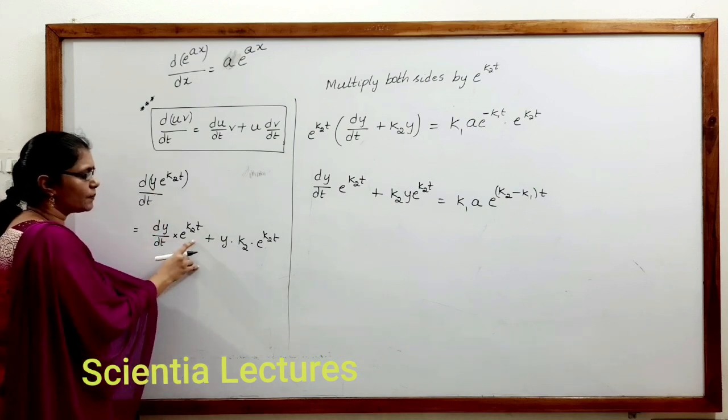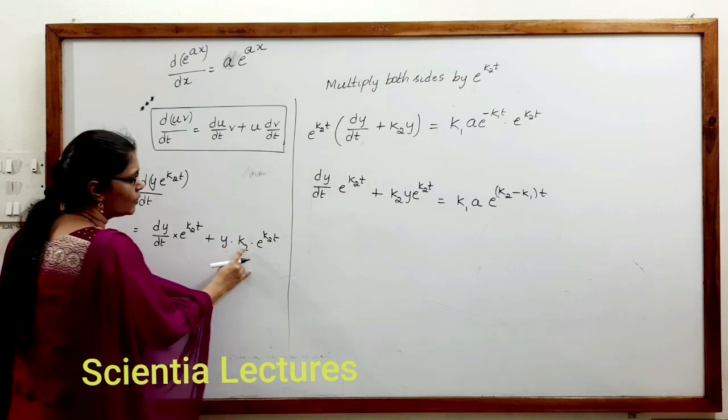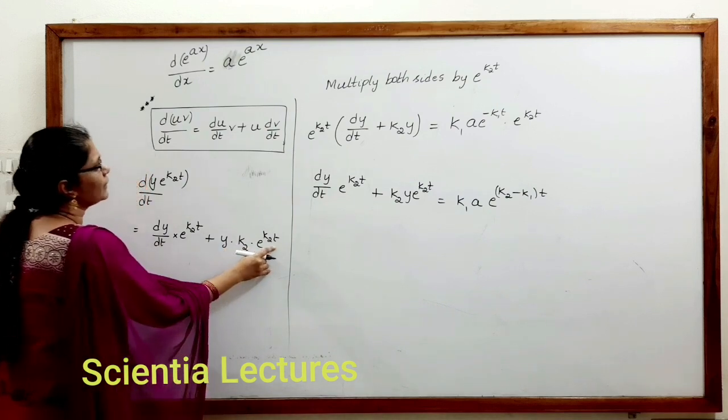So we get dy/dt into e^(k2t) plus y into k2 into e^(k2t).